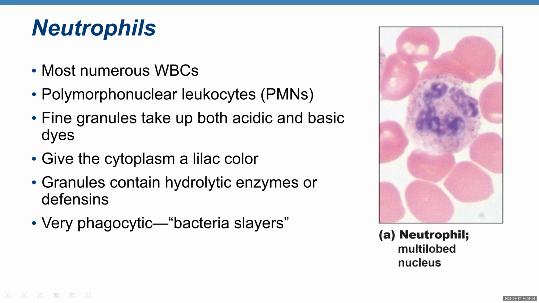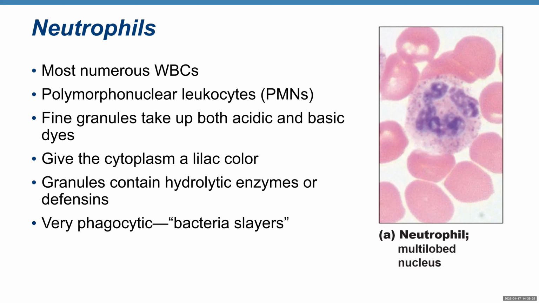So we use a special technique to make those cells visible. Most of the cells in your body are translucent. Like red blood cells, yes, they do have color because of hemoglobin, but white blood cells, you will not be able to see those cells. You need to dye them.